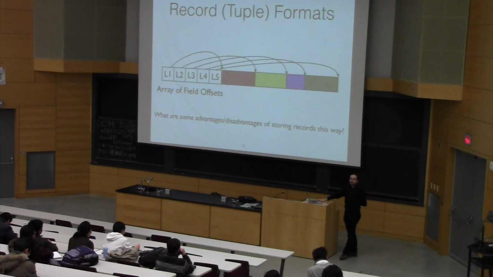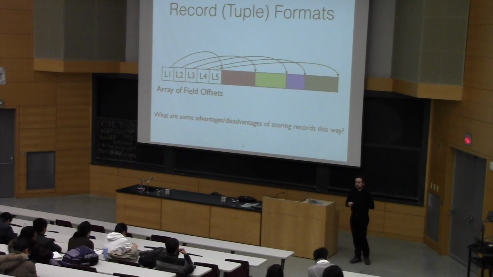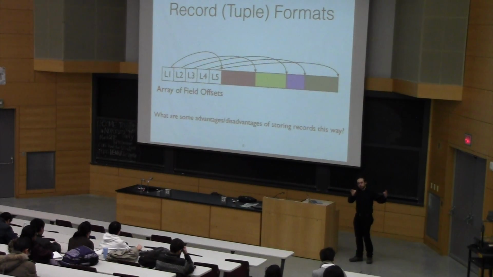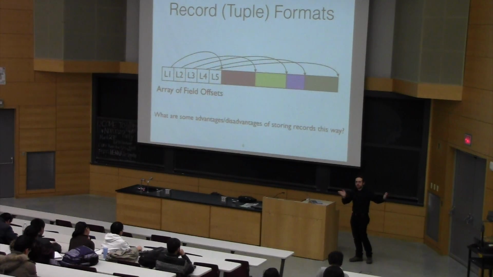And this is kind of a middle ground. If I want to know where attribute 46 starts, I don't necessarily have to scan through 46 attributes worth of data. I just look into my array at the very start of the record, find the 46th offset in that array, and I know exactly where it is, because they're offsets, they're integers, not strings.